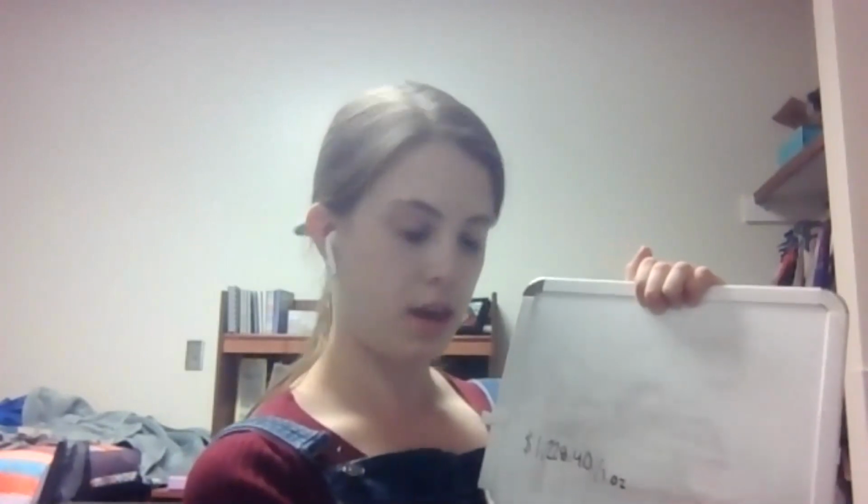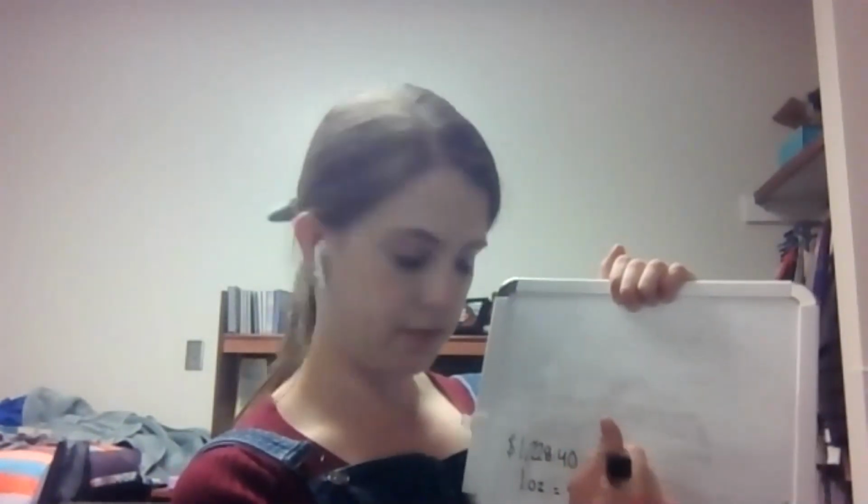Let's do the other one. Okay. So we have some gold that is $1,228.40 per 1 ounce. And we know that 1 ounce, from the information in the problem, equals 28.35 grams.